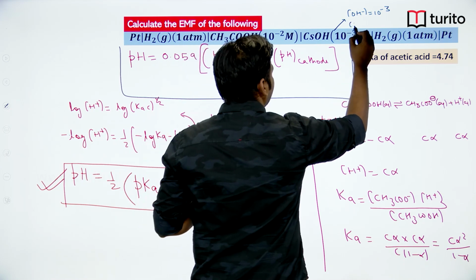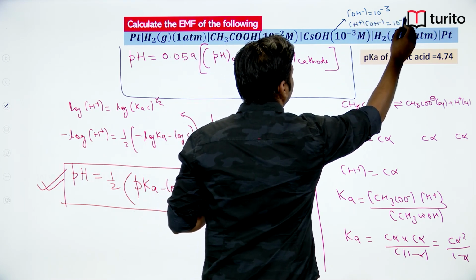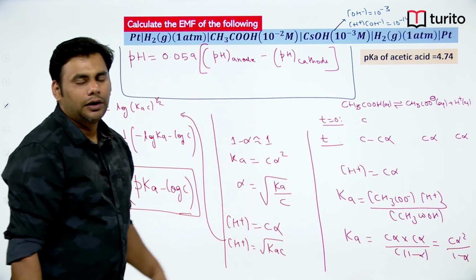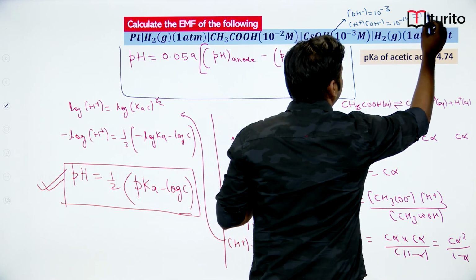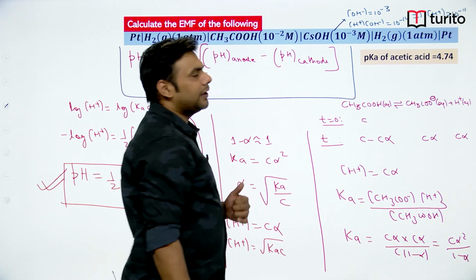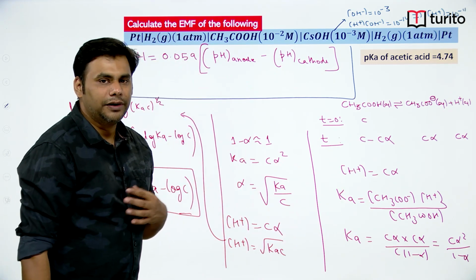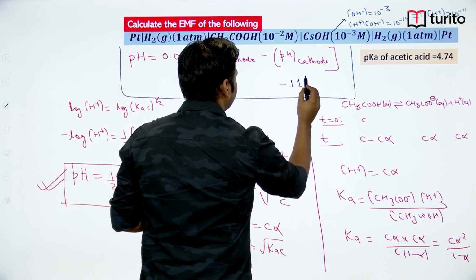We know that H plus into OH negative at room temperature is always 10 raised to minus 14. So when you put OH negative as 10 raised to minus 3, we'll get H plus as 10 raised to minus 11. So 10 raised to minus 11 means pH would be 11. So the pH of cathode is 11.